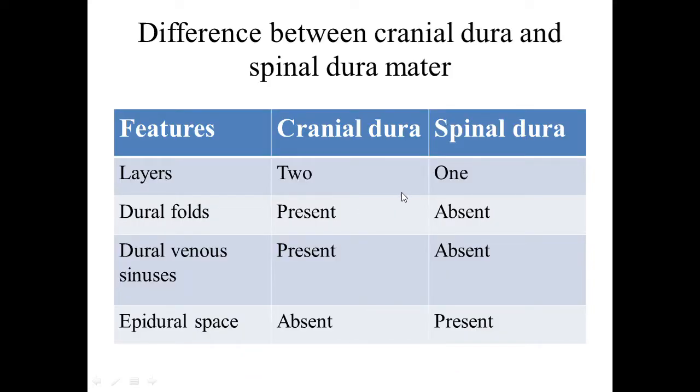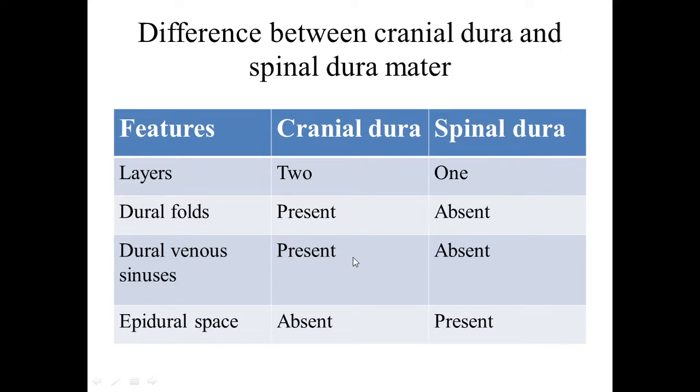Now there are some differences between the cranial dura mater and the spinal dura mater. In the cranial dura mater there are two layers, the meningeal layer and the endosteal layer, while in the spinal cord there is only one layer, the meningeal layer. In the cranium the dura mater shows folds, while in the spinal cord there are no such dural folds.